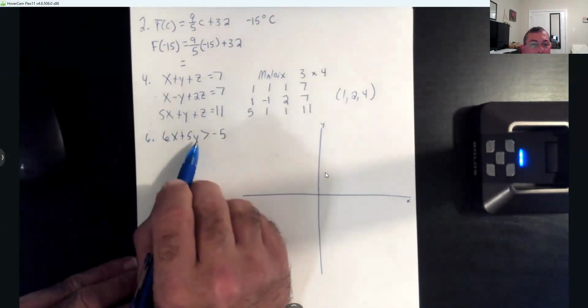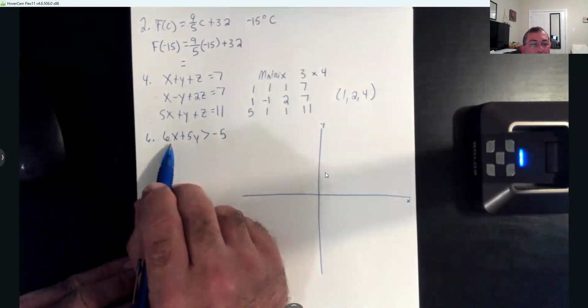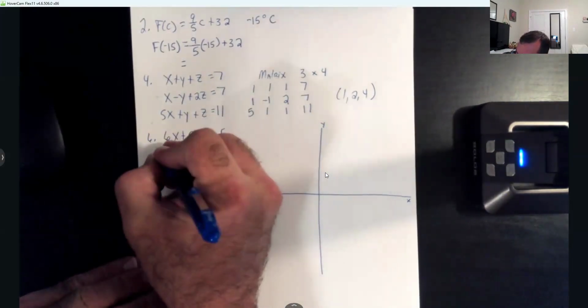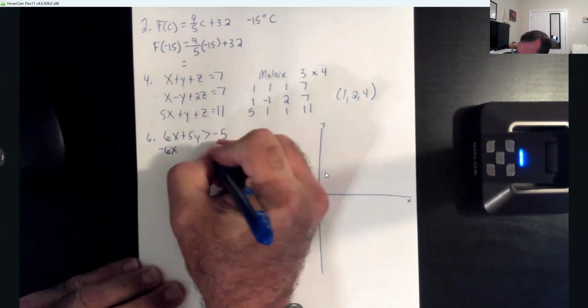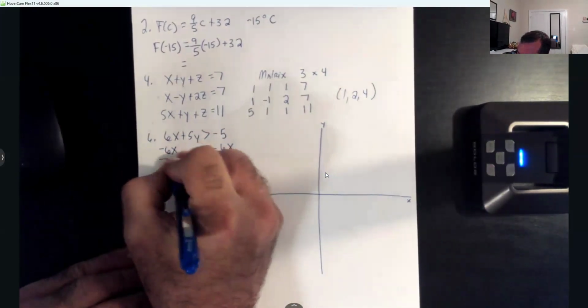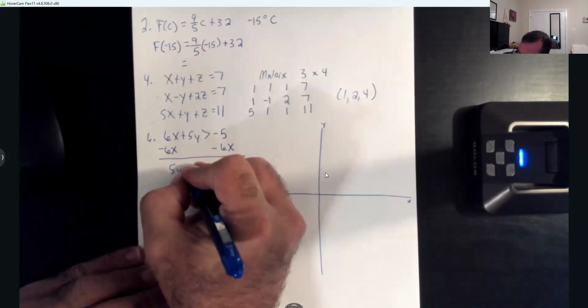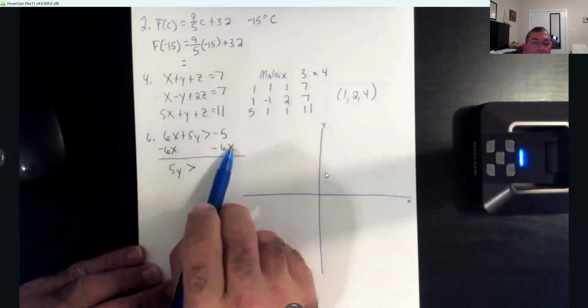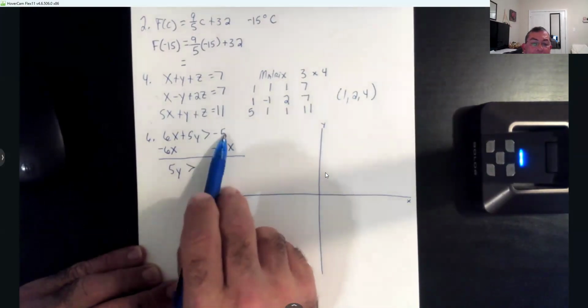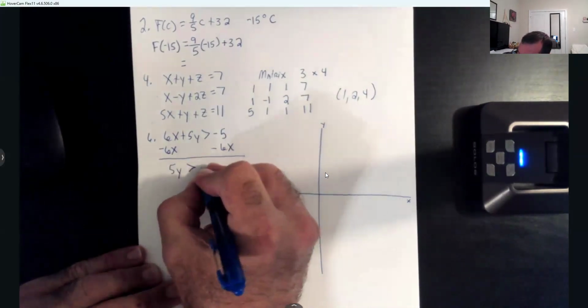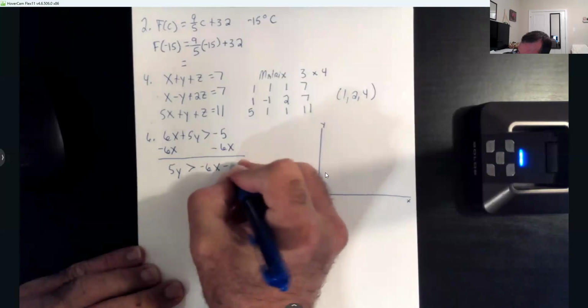So I'm going to solve this for the Y. So your first move, you're going to move the X's to the other side by subtracting those. So those cancel, you got your 5Y greater than. So you can't add them together. So I'm just going to put my negative 6X minus my 5.